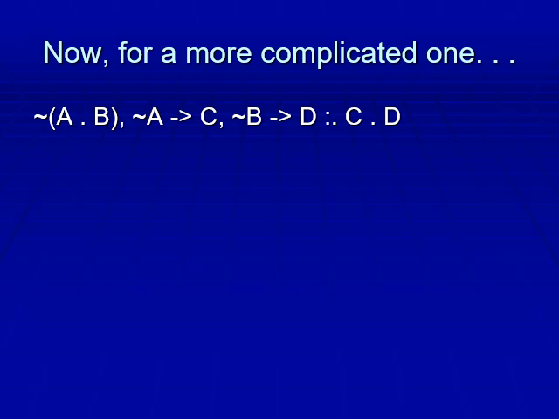It's also not a valid argument, and it'd certainly take you a good bit longer, because you'd need 4 different atomic statements to do that, and that's going to take you, I think, 16 rows. Let's see if we can do it a little bit faster.